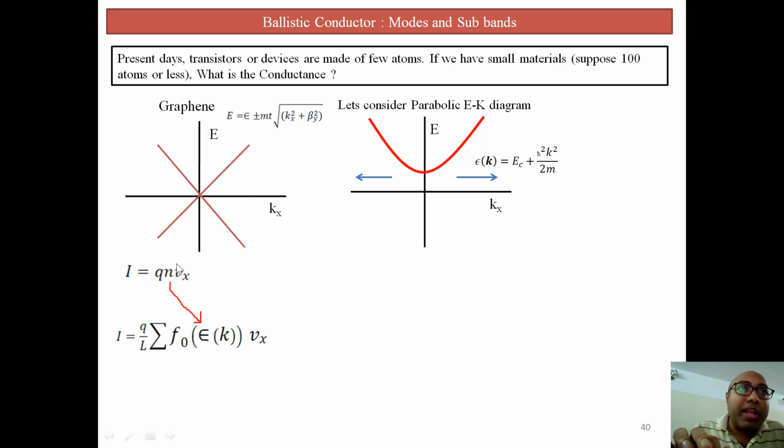Now we need an electron density, n equal to electron density.